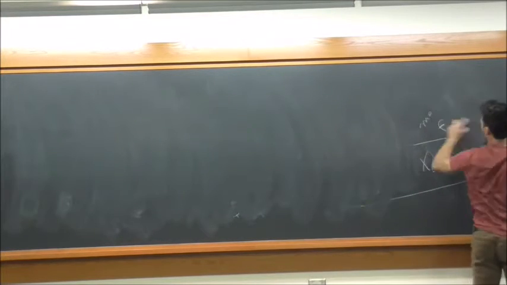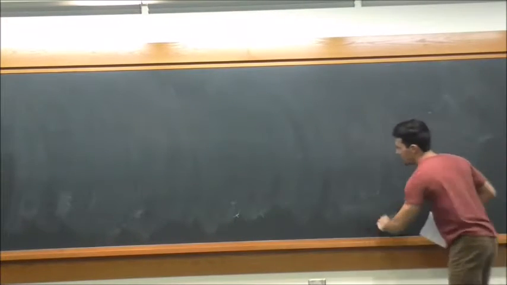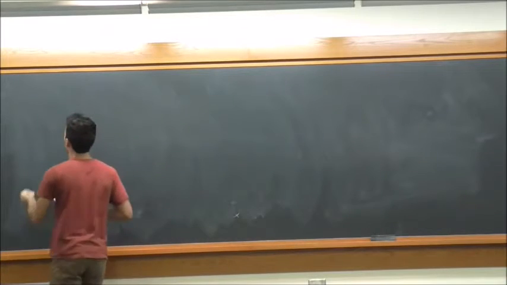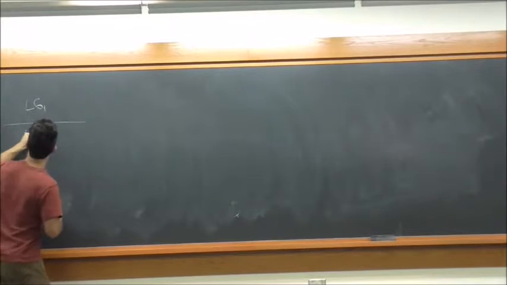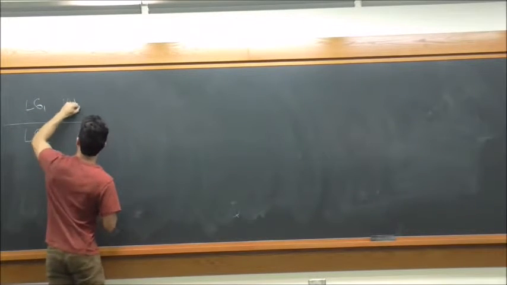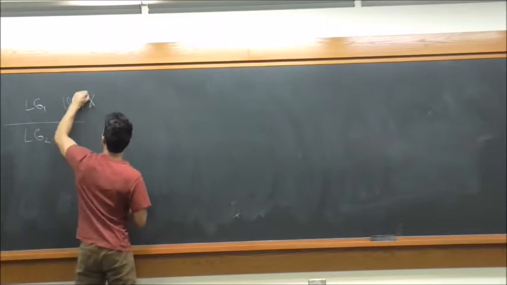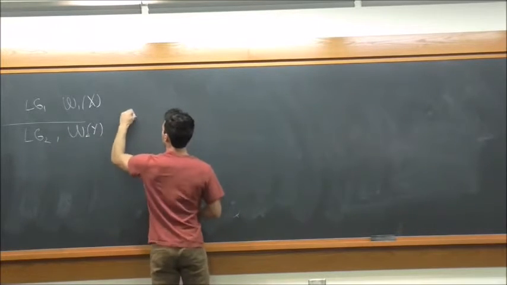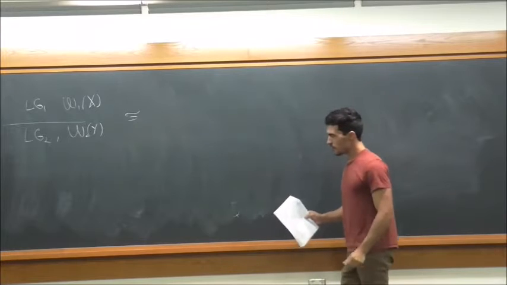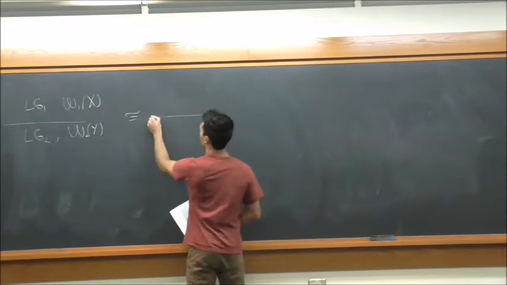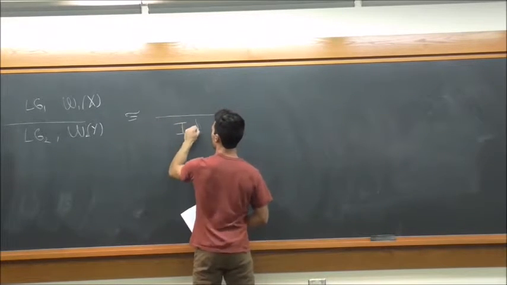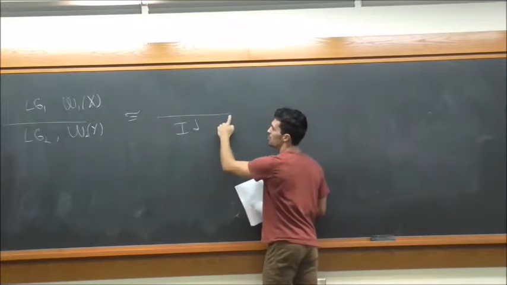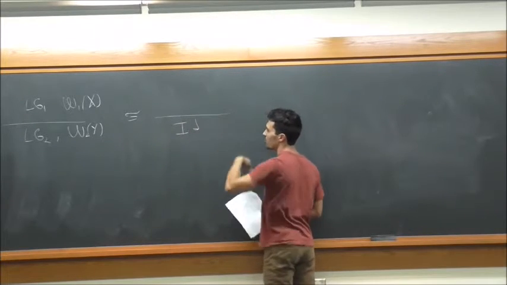And as in the preview, we saw that if we have an LG1 here and an LG2 here, with W1 a function of x and W2 a function of y, this is equivalent to a theory where we have the trivial theory here, that is just a boundary. When I say boundary, it means no information flows across.